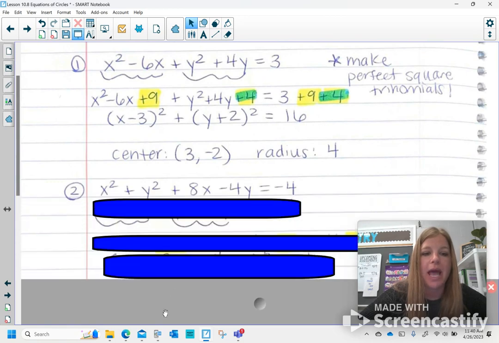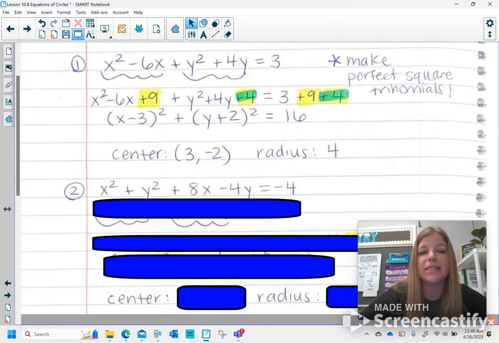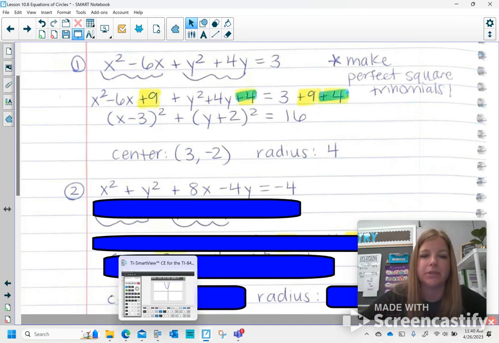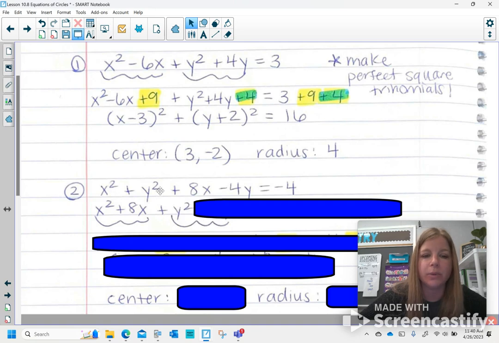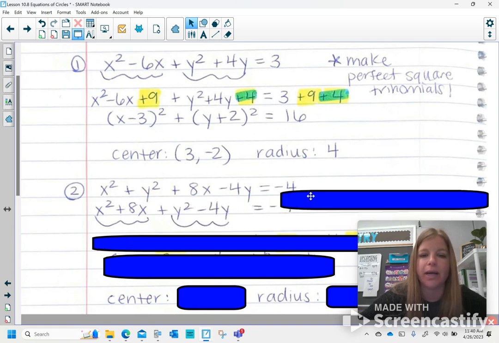Number 2, x squared plus y squared plus 8x minus 4y equals negative 4. Now this one's just like the previous problem, but it's a little bit out of order. So first I want to rewrite it so that my x's are together and then my y's are together. I'm going to rewrite this as x squared plus 8x, plus y squared minus 4y equals negative 4.